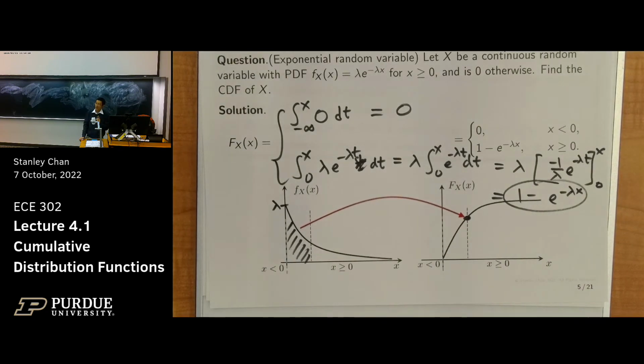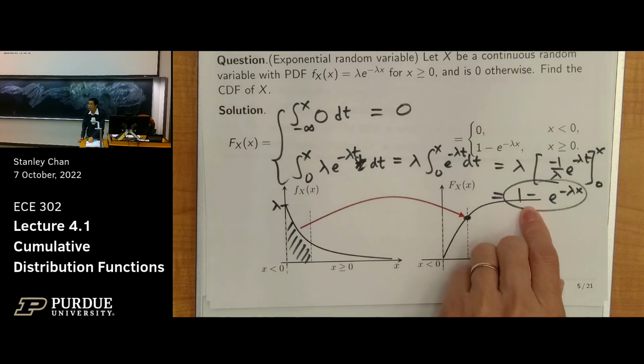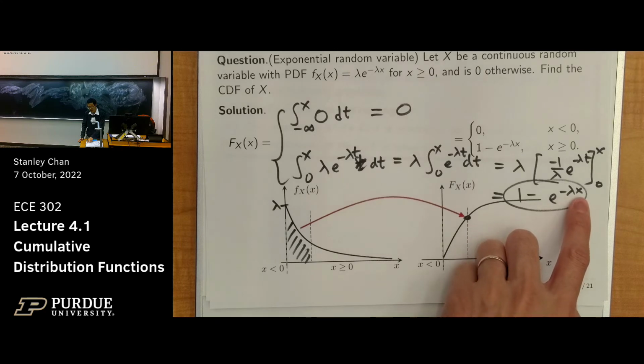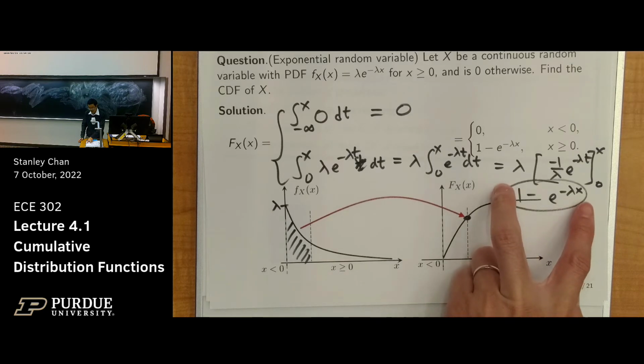Now, does this CDF make sense? This is something that I always emphasize to all my students. Whenever you get an answer, ask yourself whether your answer makes sense. Is this function a monotonically increasing function? Let's check. As x becomes bigger and bigger, your e to the power minus lambda x will become smaller and smaller, and therefore this will be getting closer and closer to 1.